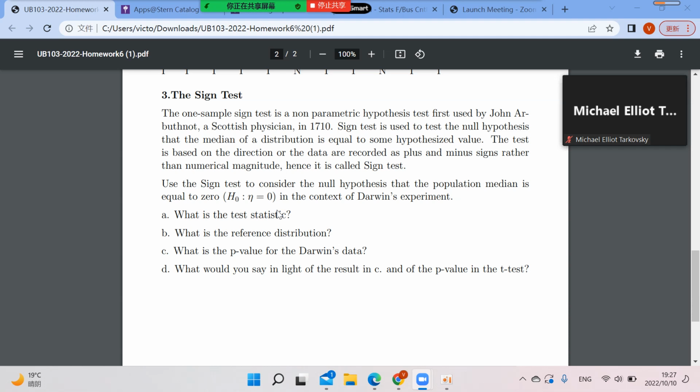All right, for the last question, you need to get the data set from your slide. I guess Darwin's data is one of the examples you did during the lecture. The basic idea here is you take the difference of two groups.